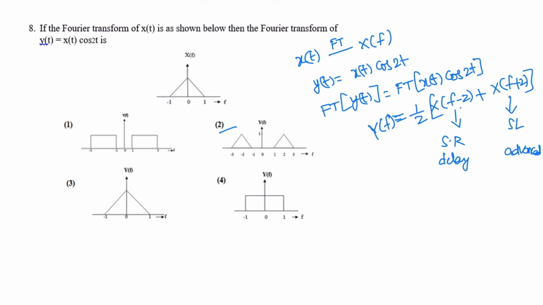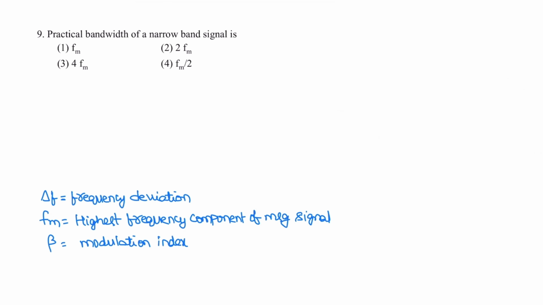Next question. The practical bandwidth of a narrowband FM signal. Given it is a narrowband FM signal, the practical bandwidth is the same as the bandwidth of an amplitude modulated signal. So the bandwidth of this narrowband FM is 2 fm, where fm is the highest frequency component of the message signal.